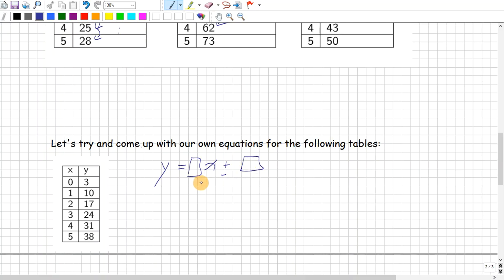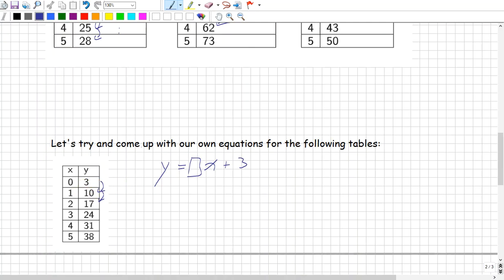Now, what value goes in front of the x? That was the number that it's going up by every single time, right? Maybe it's easier to fill in the final value first, because we know if x is 0, that final value will be that y value, which in this case is 3. And it's going up, so we can put a little plus to remind ourselves. The coefficient in front of x is what it's going up by every time.